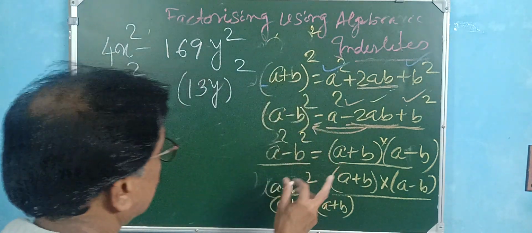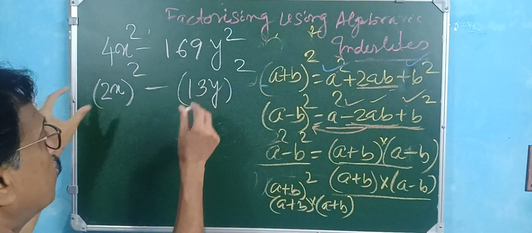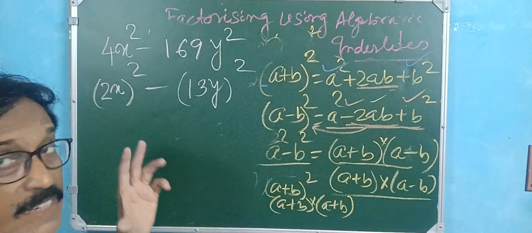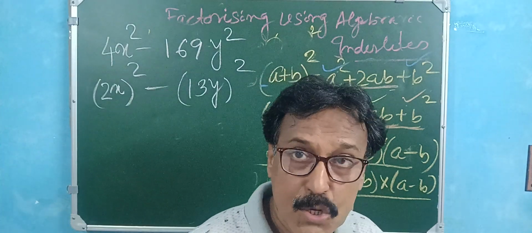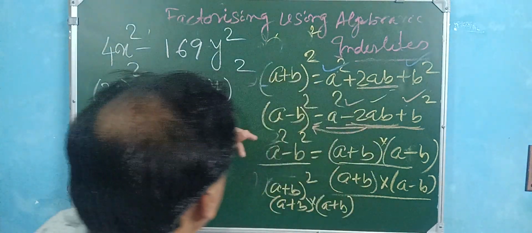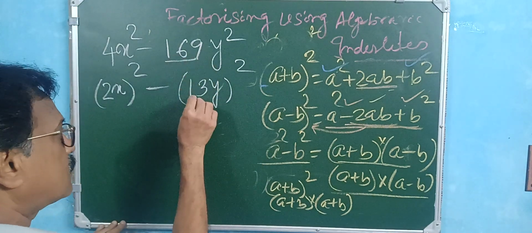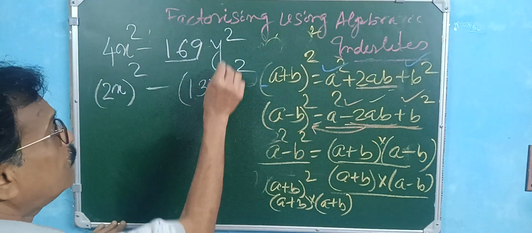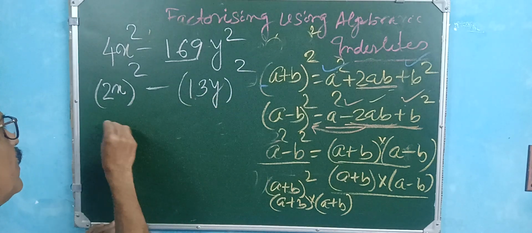And you know the formula. This is a very important step, from here to here. You properly understand in which way you solve it. 169 is 13 into 13, so 13y whole square. Now this is a square minus b square, it's very easy.